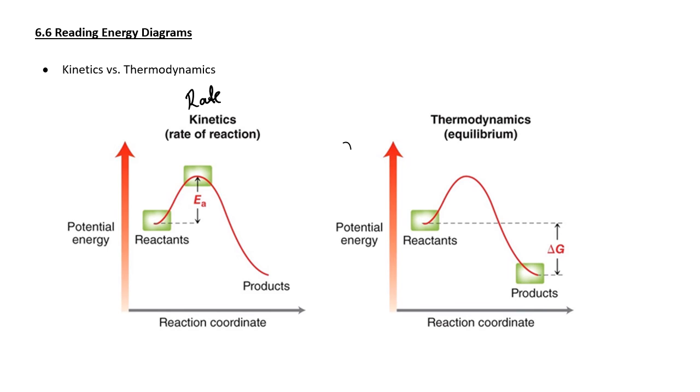And thermodynamics is overall energy. So in terms of kinetics, when you're looking at a potential energy diagram, you're going to focus on the activation energy. The lower the activation energy, the faster the rate. So a kinetically favorable reaction is one that has a low activation energy.